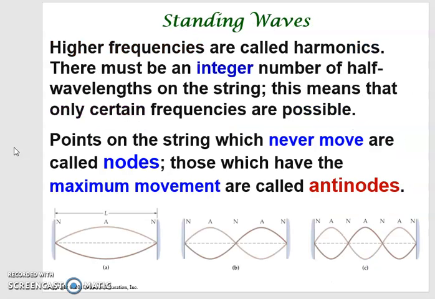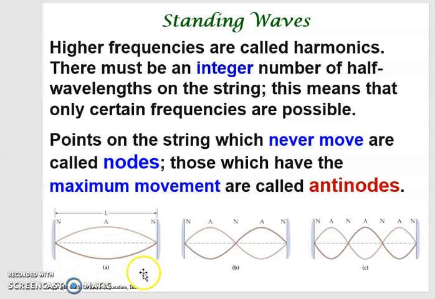Now let's see what else can be produced. If you make the frequency of the standing wave higher and higher, you can produce different kinds of harmony, which are called harmonics. The criterion is that there must be an integer number of half wavelengths. What do I mean by that?